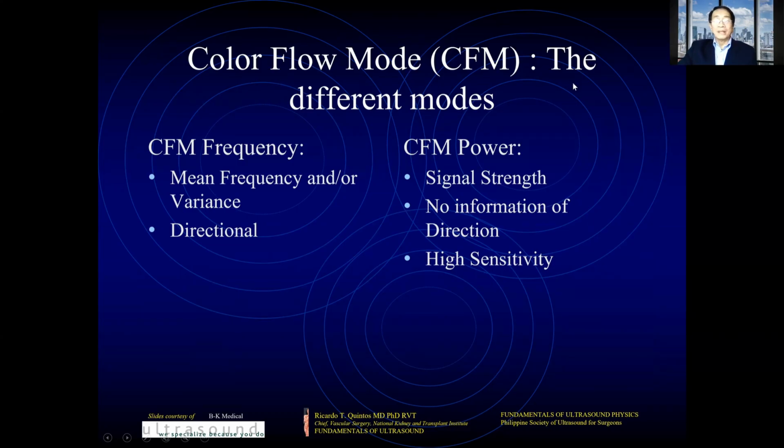Color flow mode depends on Doppler because it shows in the monitor qualitatively, or semi-quantitatively with the intensity of the color, the velocity of the movement of the particle, and thereby the frequency of the vibrations.